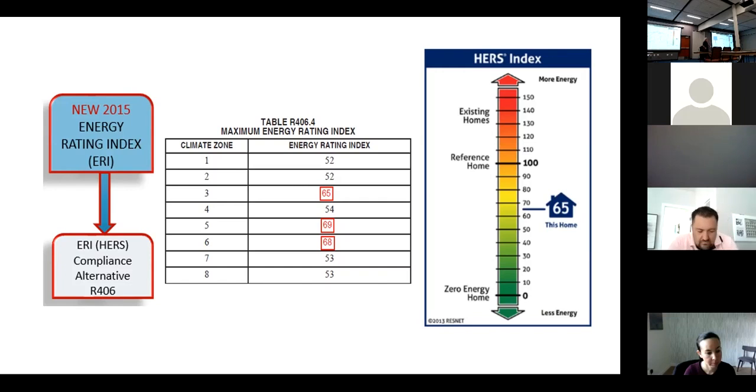So it's another thing with state amendments. If they choose this path, getting a 69 in climate zone 5 is pretty simple. Really, it should be closer to a 60 or someplace in there to really be equivalent to the other compliance options. But that's how it works.